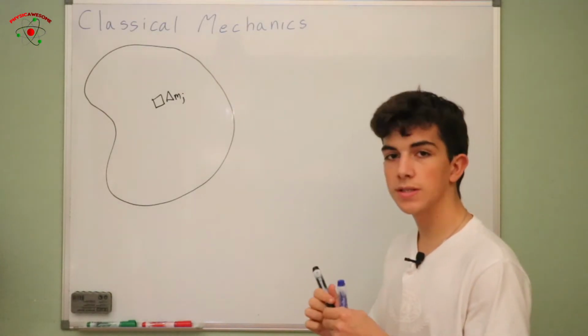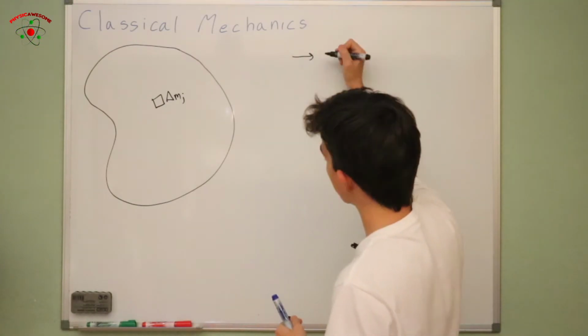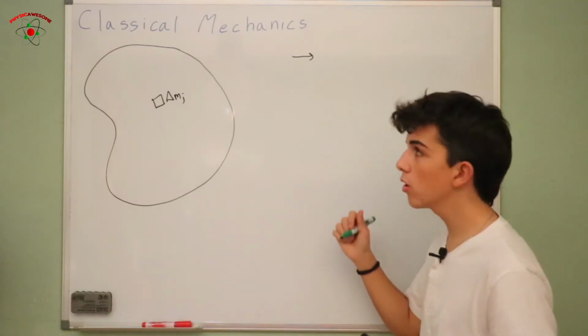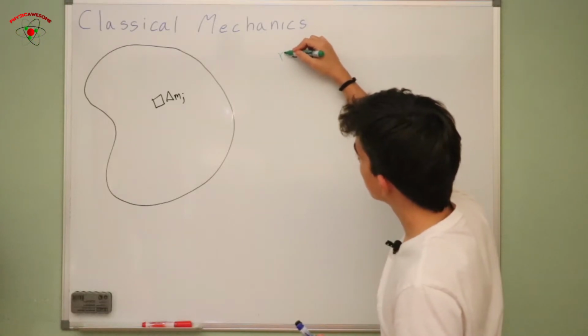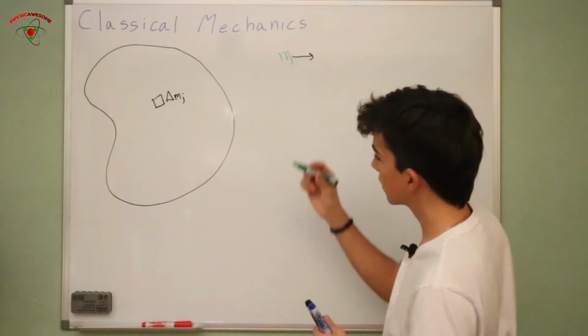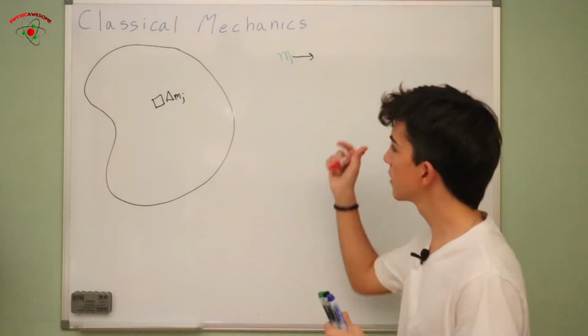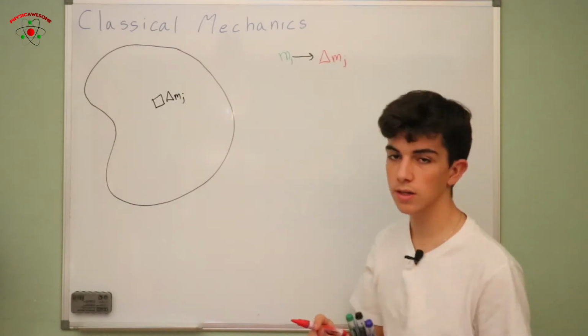So we will symbolize that with an arrow, and this is going to be our old multiparticle system m_j, and now we're going to have, I'll draw it in red, the new continuous system delta m.